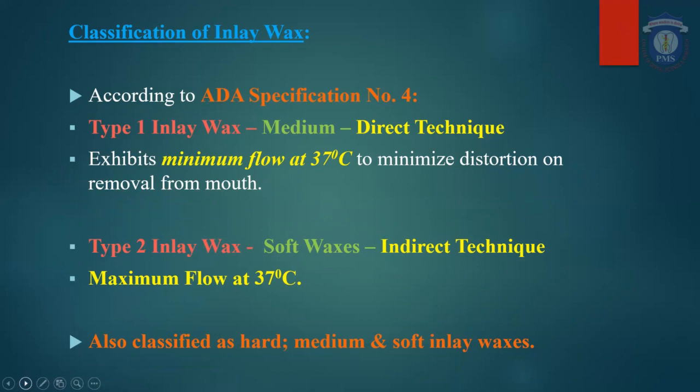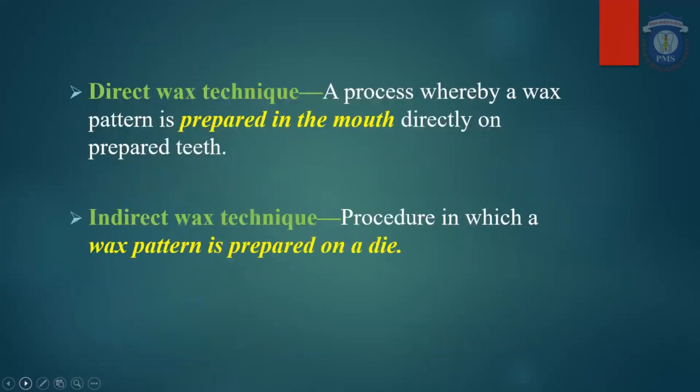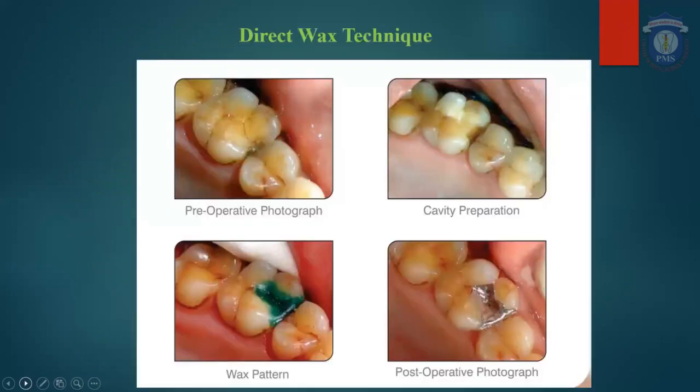First I'll explain what you mean by direct technique. Direct wax technique means a process whereby a wax pattern is prepared in the mouth directly on the prepared teeth. You can see here that on the cavity prepared in the oral cavity, the wax pattern is directly prepared. So these waxes will be subjected to a higher temperature of the oral cavity.